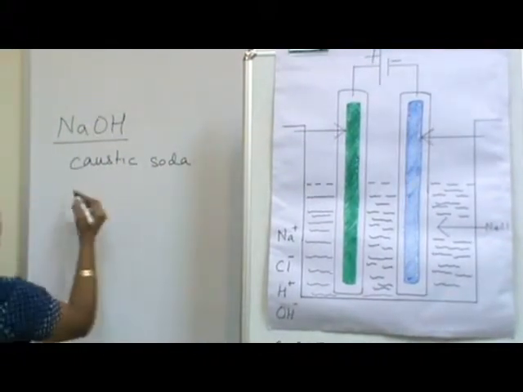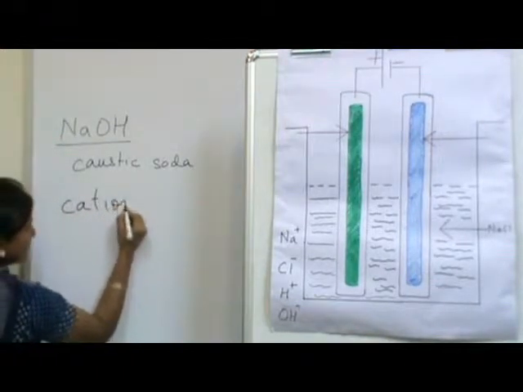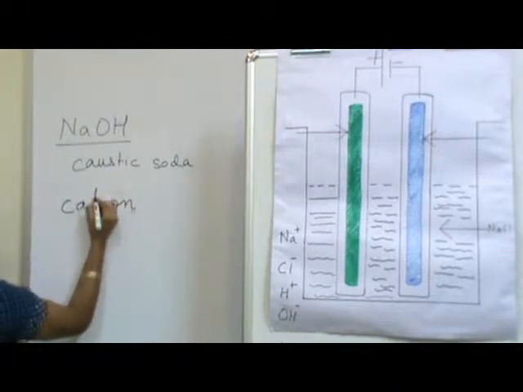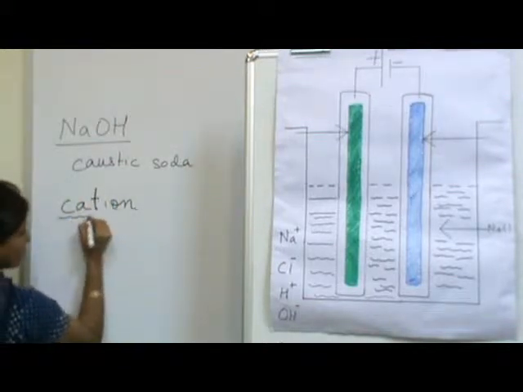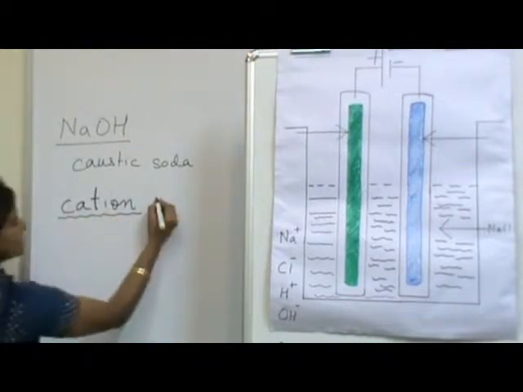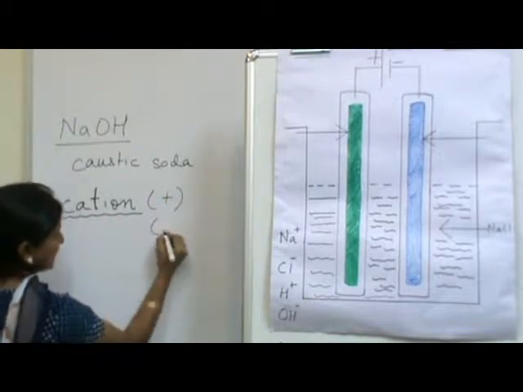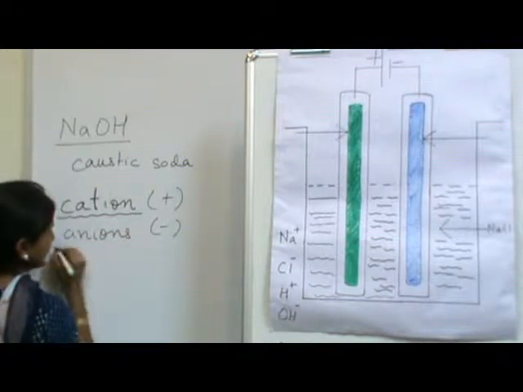Now, positive ions are called cations. We can see the T coming here. T looks like a positive. So, very easy to remember. Positive ions, cations. So, my negative ions are called anions.